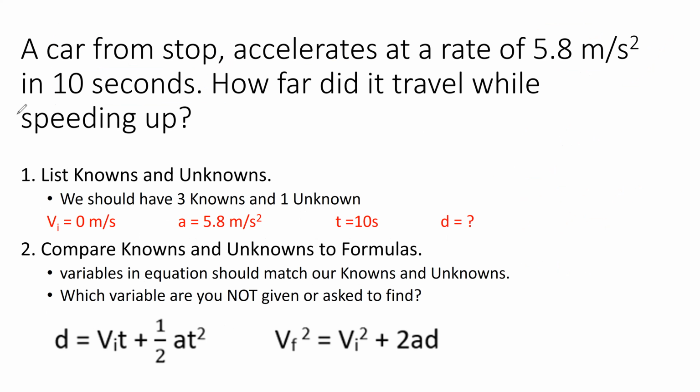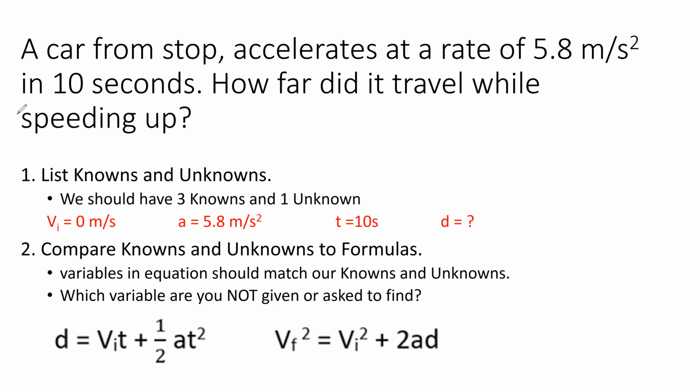Now, looking at the two equations at the bottom, take about 10 seconds and figure out which equation you think we should be using. Here's your hint: you can't use an equation that has something that you don't need.